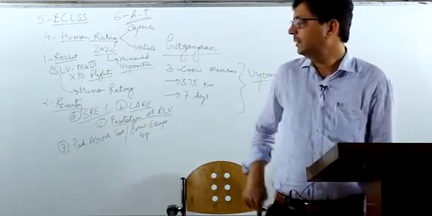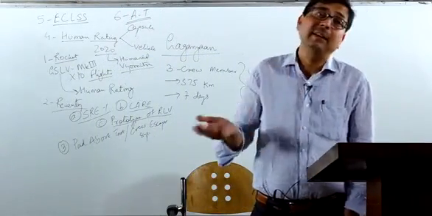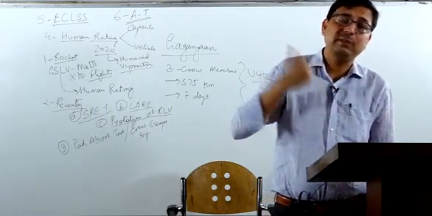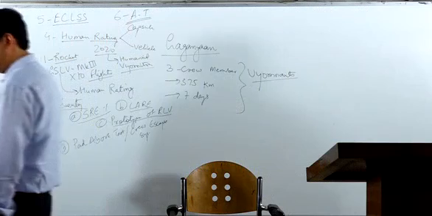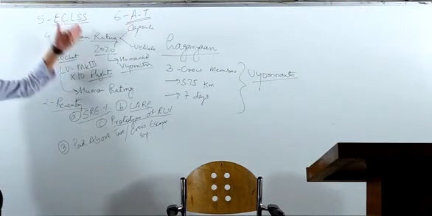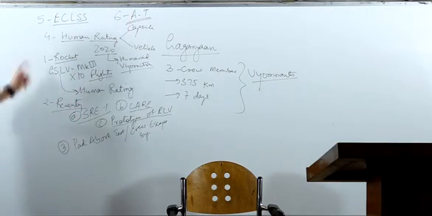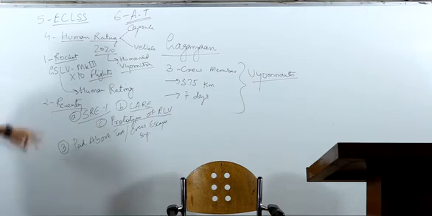And once these 3 training phases are completed, then 3 out of these 4 people will be sent into space. That's what we are looking to do under Gaganyan mission. Wonderful. So these are the 6 requirements of having human space flight: rocket, re-entry technology, pad abort test, human rating, environment control life support system, and 6 is astronaut training.